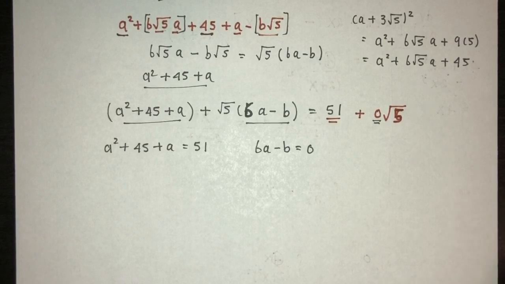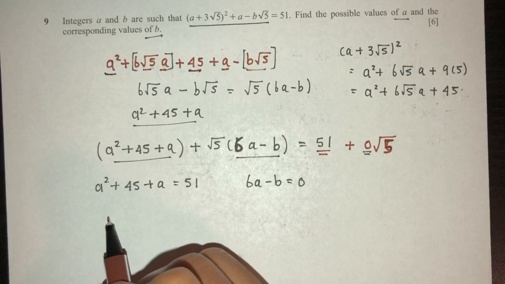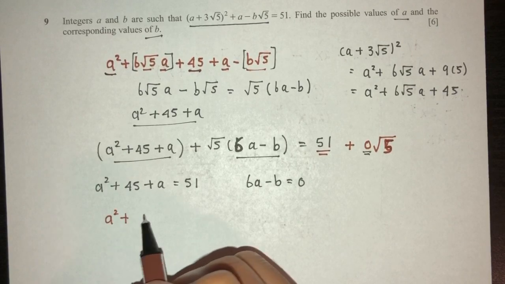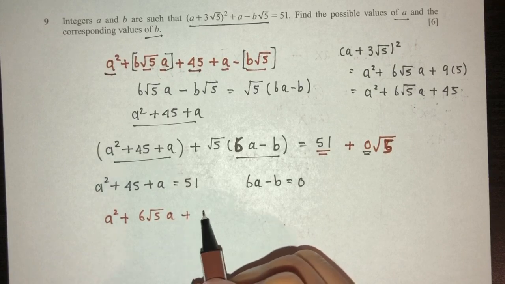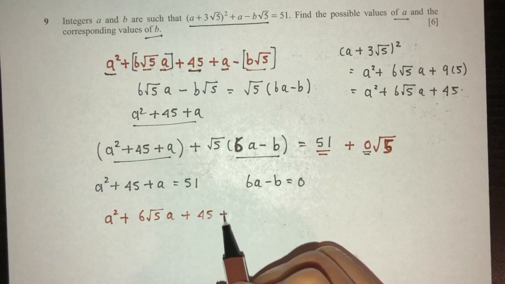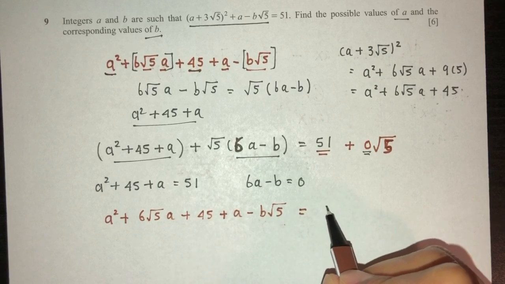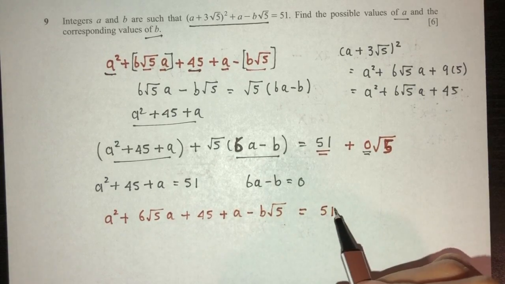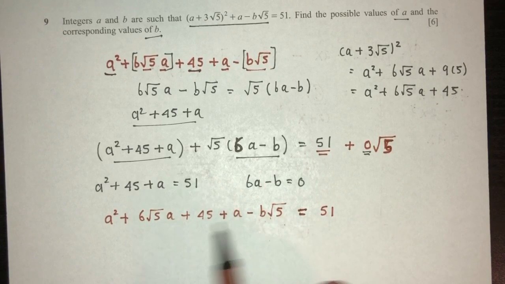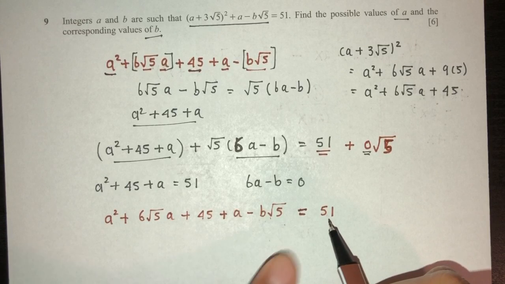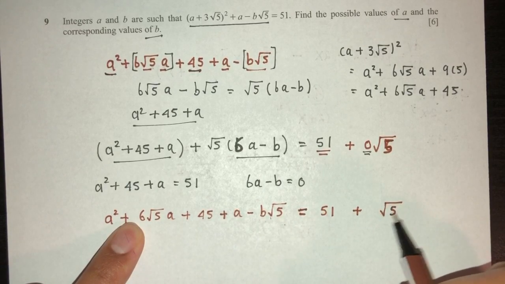Okay, I feel like that was somewhat confusing. Let me try to re-explain this part. Here we have a squared plus 6 root 5 a plus 45 plus a minus b root 5, and that is supposed to give you 51. Now, as you can see, 51 is a constant, but here we also have root 5. It means that if this gives you 51, the term in root 5 is not there anymore.